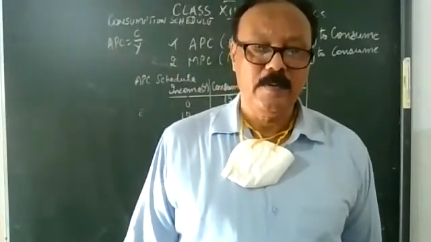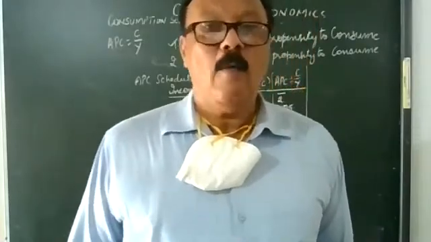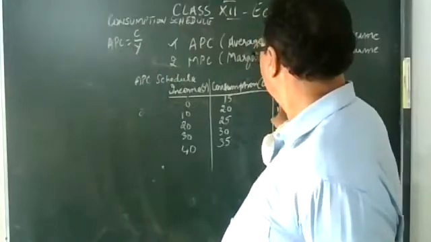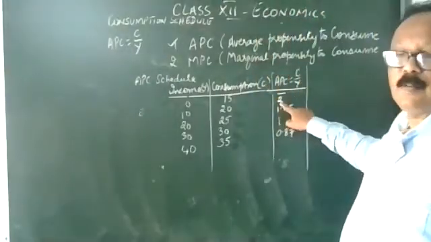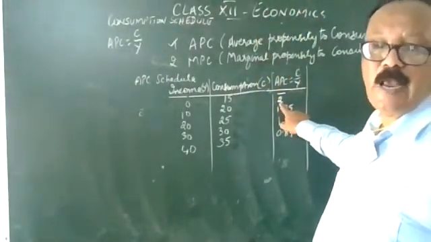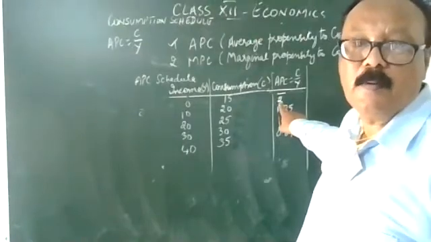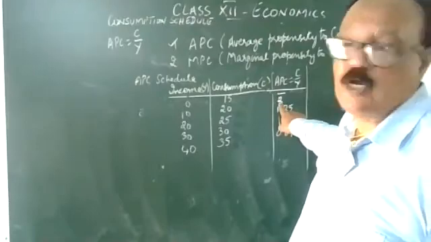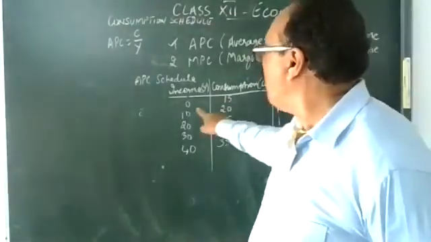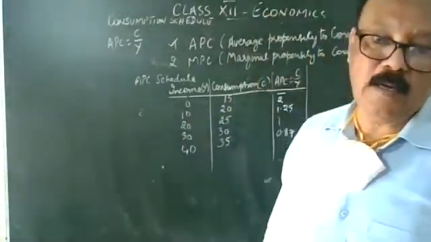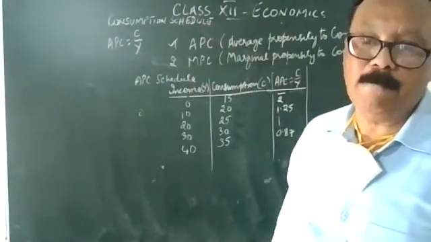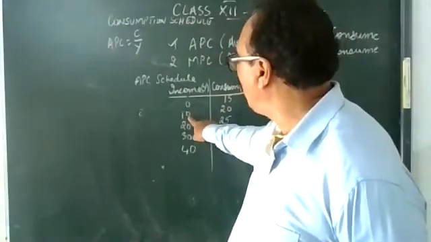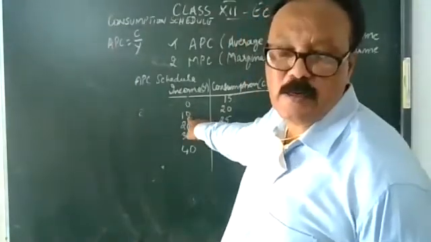Second, the value of APC can be greater than 1 when consumption expenditure is more than the national income.